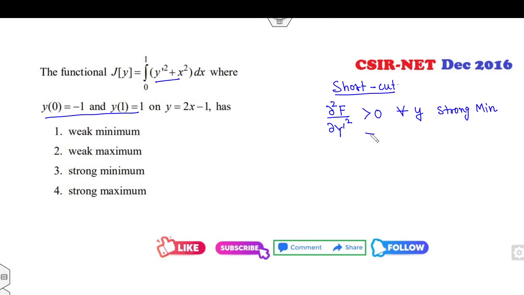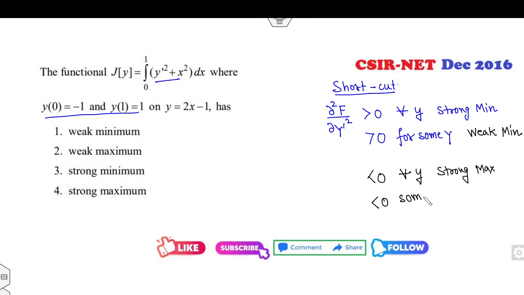If this is greater than 0 for some value of y, then we call it the weak minima. On the other hand, if this is less than or equal to 0 for all values of y, then we call it the strong maxima. And if this is less than 0 for some value of y, then we call it the weak maxima.